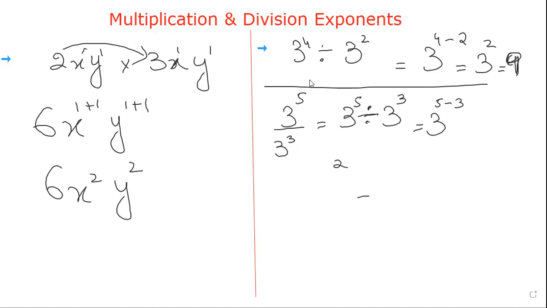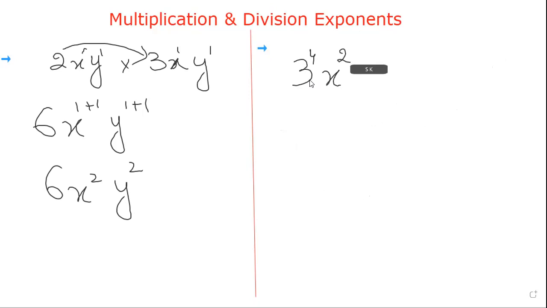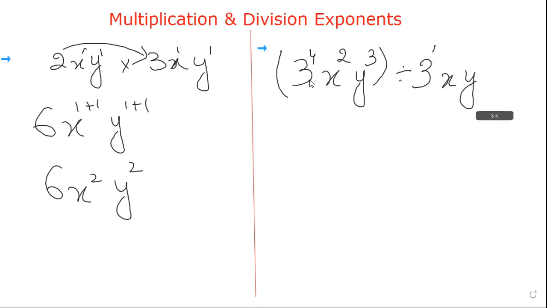Let's see another example so you will be more clear on this concept of division of exponents. This time the example says 3 to the power 4 x to the power 2 y cubed divided by 3 to the power 1 x and y squared.